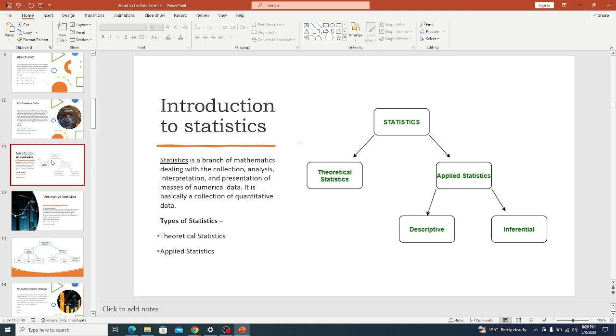So first of all, statistics, we know it is a branch of mathematics dealing with the collection, analysis, interpretation, and presentation of masses of numerical data.